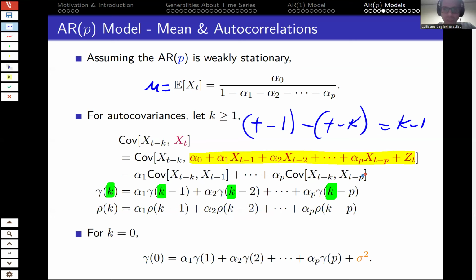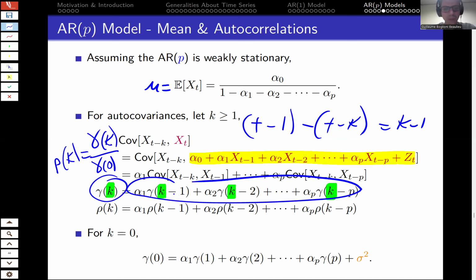For the autocorrelation, very simple. You know that in general, the autocorrelation at lag k is just the autocovariance at lag k divided by the variance of the process, also denoted gamma_0. And so just take this equation and divide both sides by gamma_0.